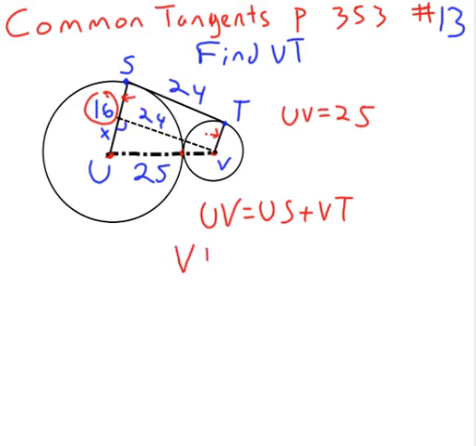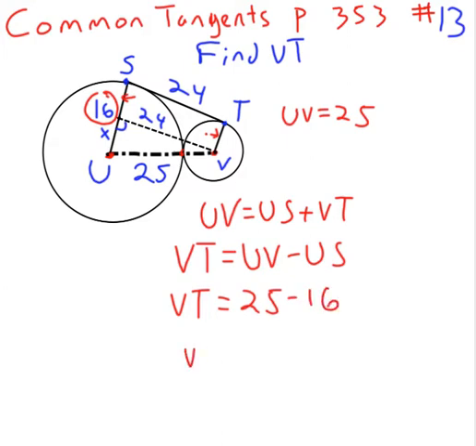So if we do our algebra, VT will equal UV minus US. So we substitute, VT equals 25 minus 16, and VT equals 9. Again, you could solve that by making a rectangle, but recognize that the radius can be brought down like that.